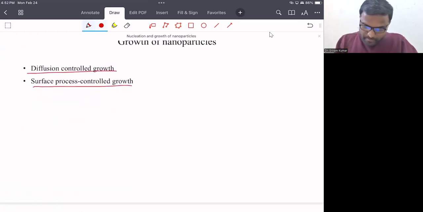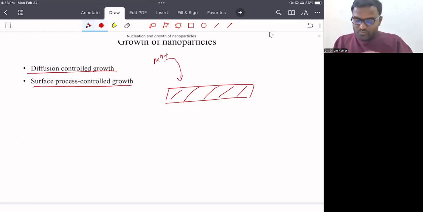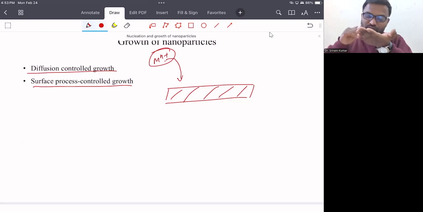So here, if you want to understand surface growth, we have a solid material there. If you want to grow the nanomaterial on the surface, the species needs to diffuse towards the surface. Here the metal ion should diffuse from the bulk to the interface.